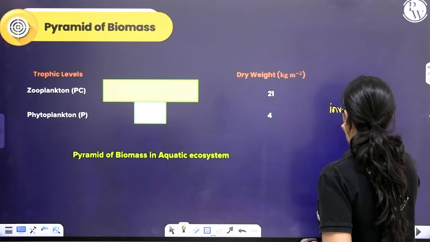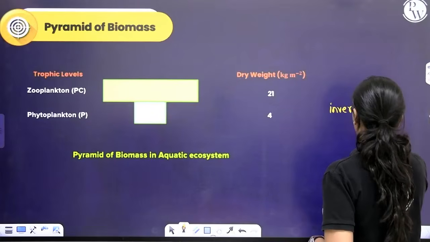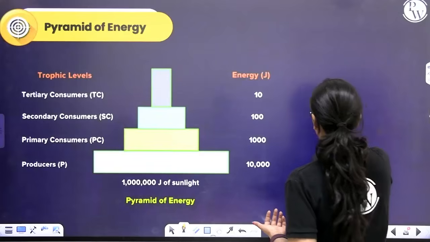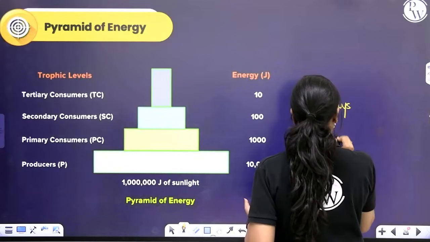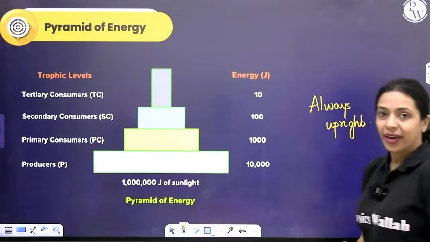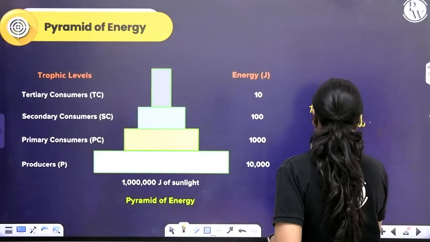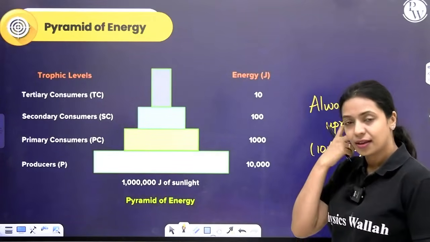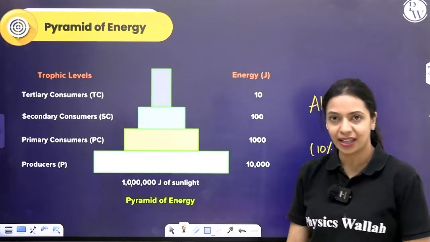Talking about the pyramid of energy, it's always going to be upright. Okay, why is it always upright? Because of the 10% law of energy transfer. Now look at this. There's about 10 lakh joules of energy in sunlight.